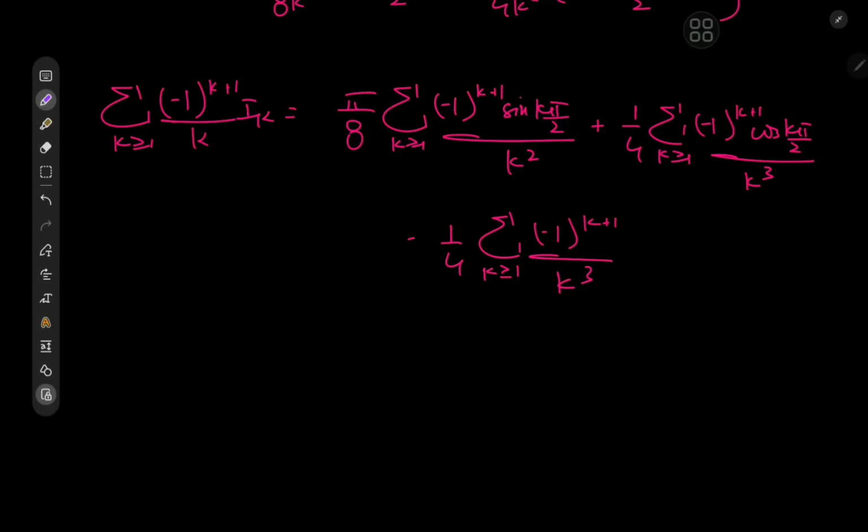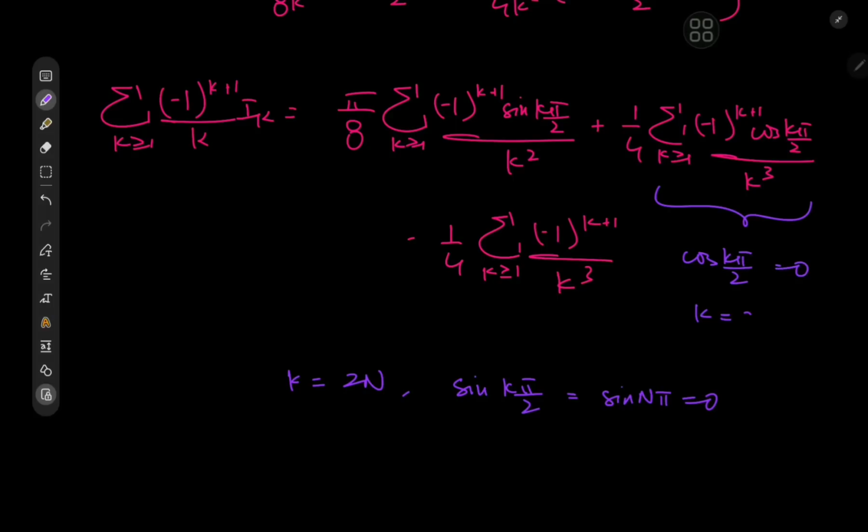So far so good, but now we need some further analysis for the index variable k. Notice that for the first sum, the sine sum, for k equal to 2n, where n is a positive integer, sine of k pi by 2 equals sine of n pi, which is of course 0. Similarly, for the cosine term, cosine k pi by 2 equals 0 whenever k equals 2n minus 1, where n is a positive integer.